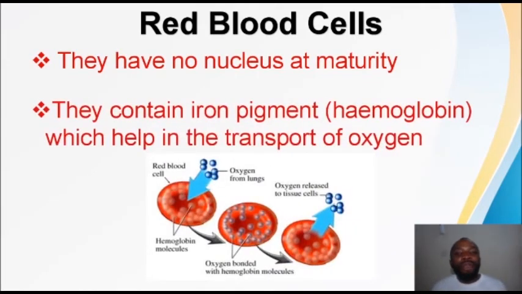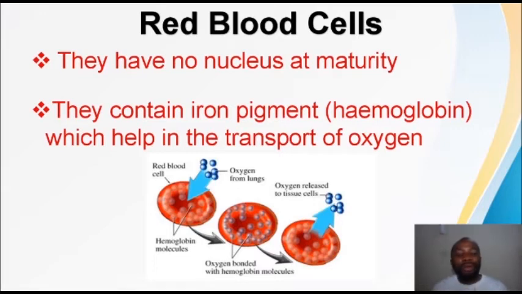Now, the main function of the red blood cell: the main function of the red blood cell is to transport oxygen. How does it do that? The red blood cell transports oxygen through an iron pigment that we call hemoglobin.